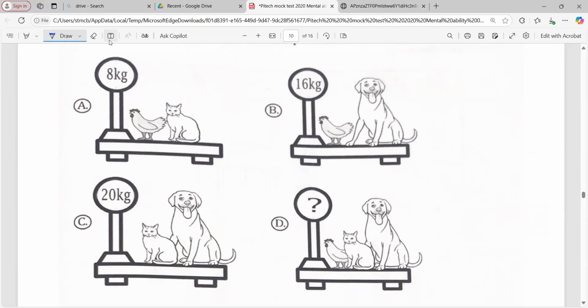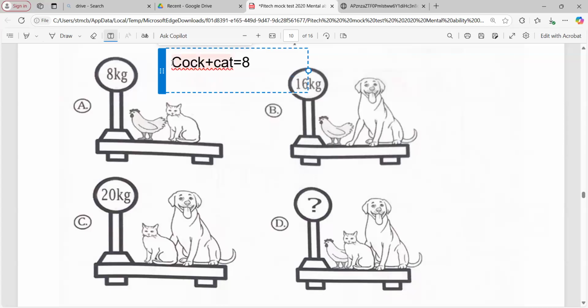I'm going to set up some little equations because you guys need to learn these from now on. So we'll say the cock is C. Cock plus cat is equal to 8.